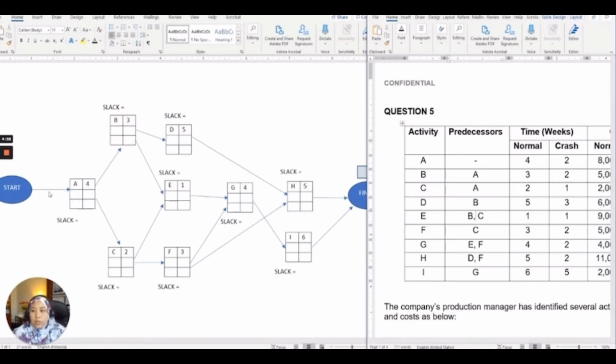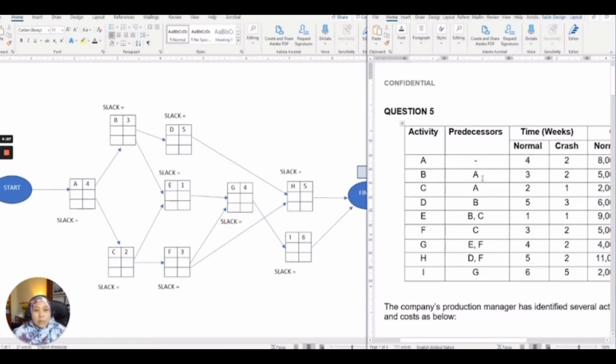If you can see here, activity A has no predecessor, so we assume it is connected from the start node. The estimated time here is 4, according to the normal time stated in the table.